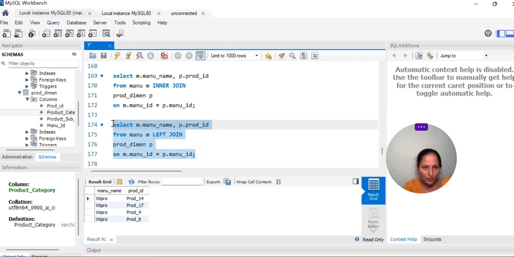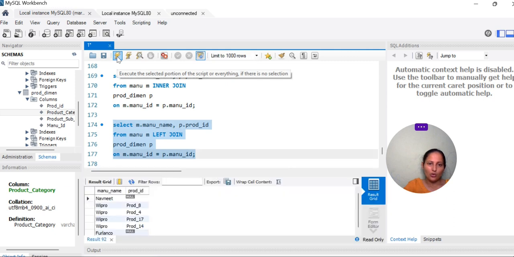If I run this, the first thing I want to tell you is that all the commands and rules for inner join and left join will be similar. But if you want to show all the information from the left table, you have to replace inner join with left join.